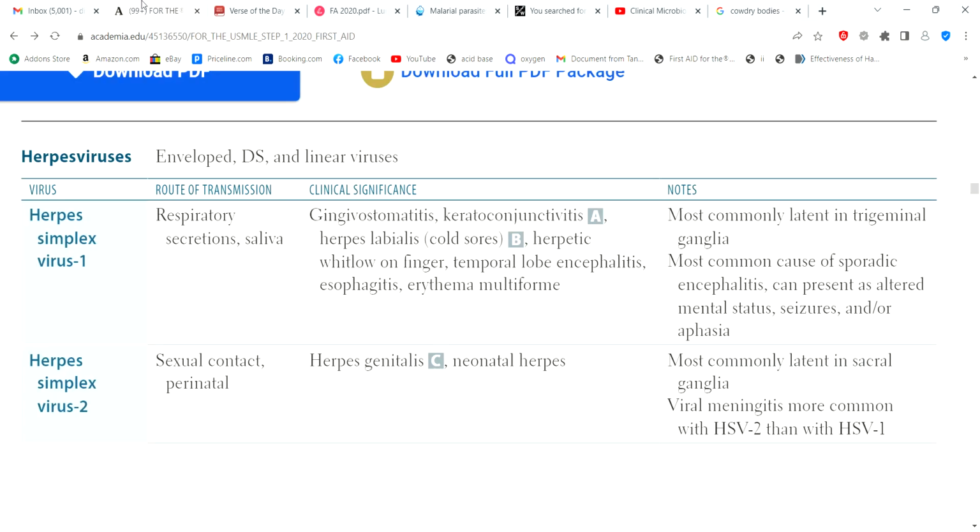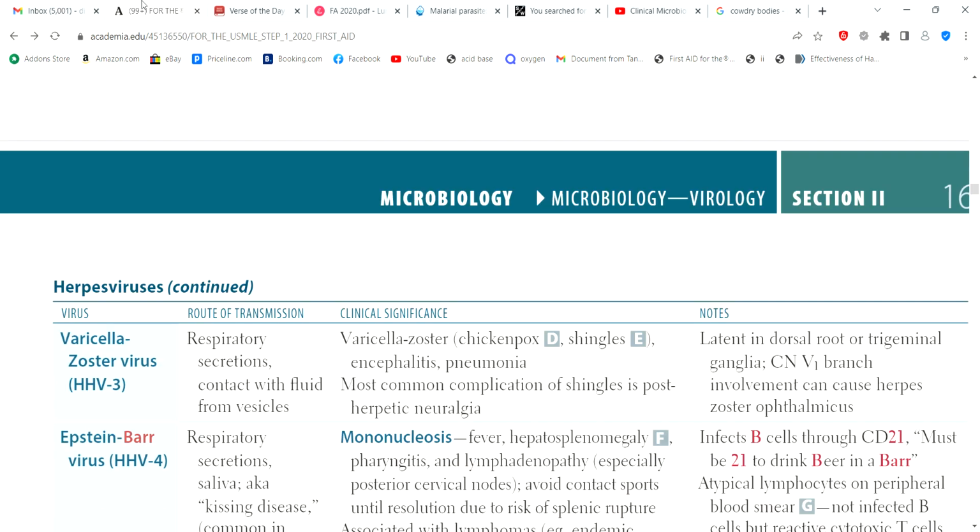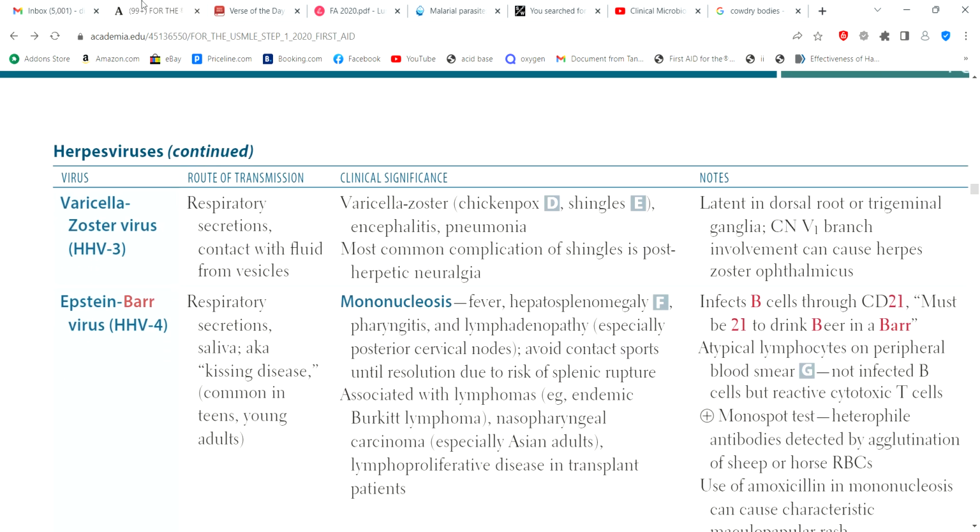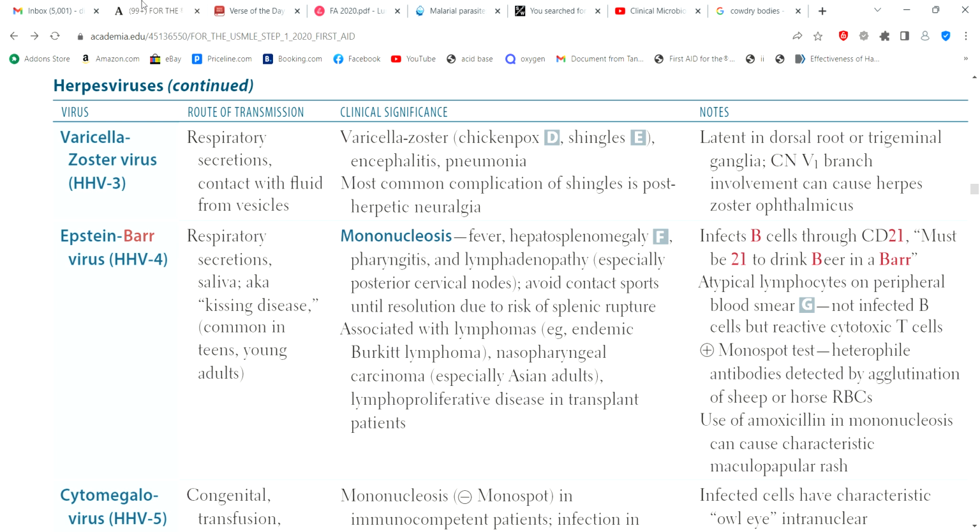Alright, next. Varicella zoster virus. The route of transmission is through respiratory secretions and contact with fluid from vesicles. So if a vesicle pops and you come into contact with that, you can get it.